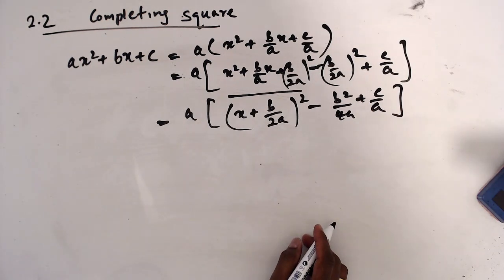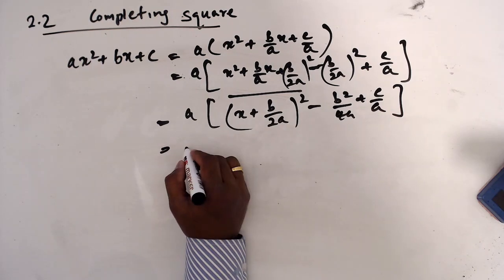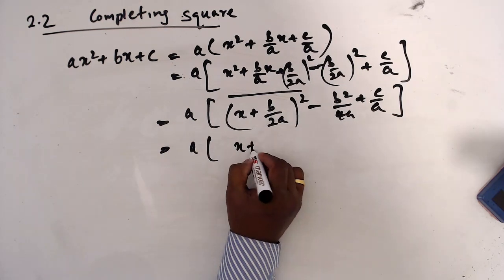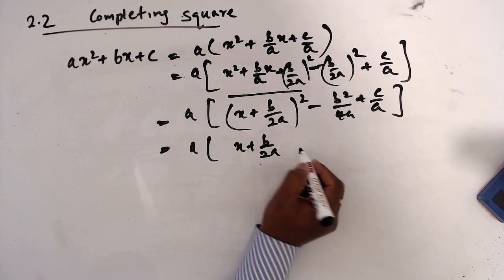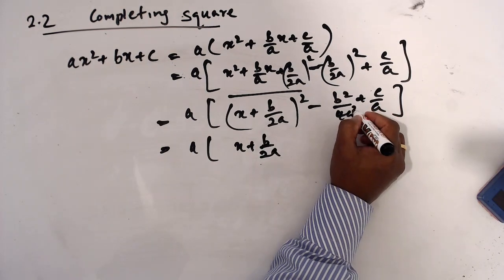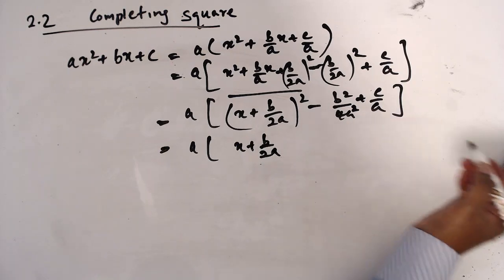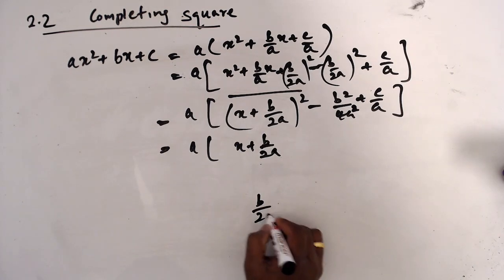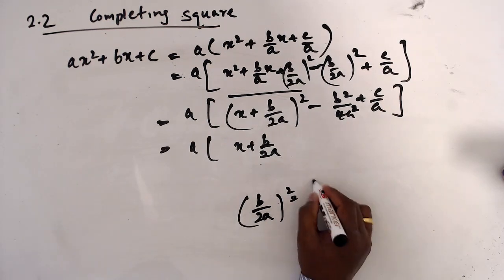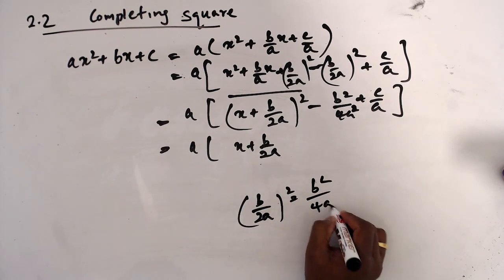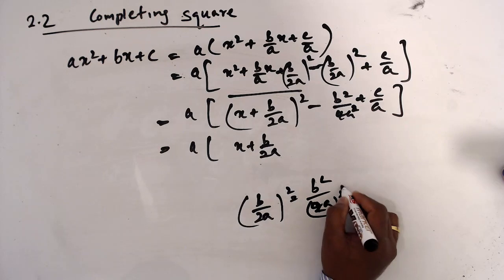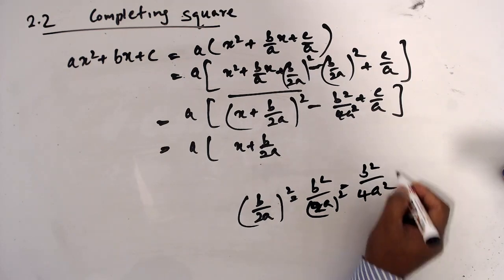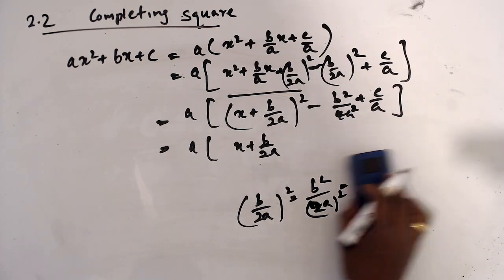So a times x plus b over 2a, this is square. b over 2a square means b square over 2a square, which is b square over 4a square. That's why this is 4a square.